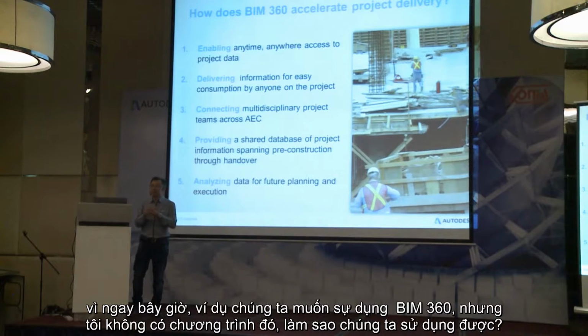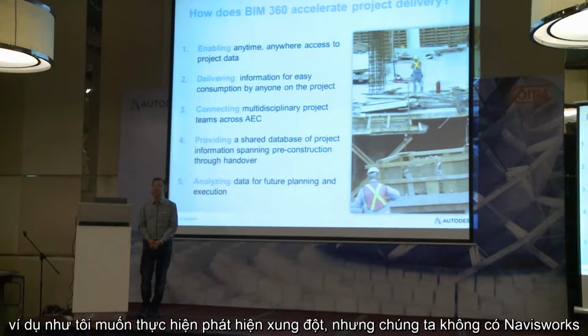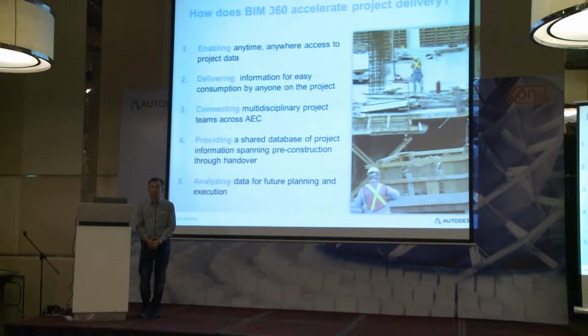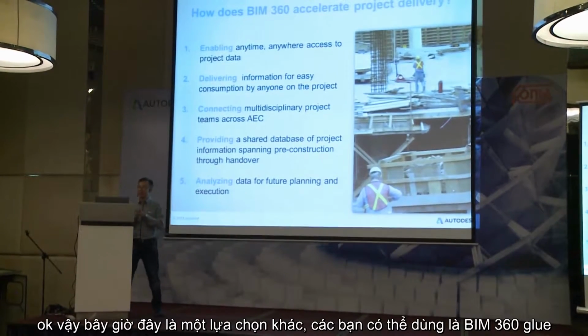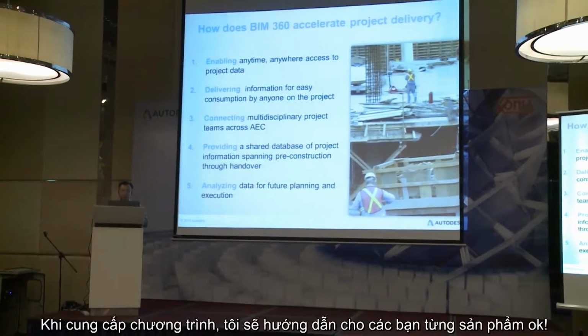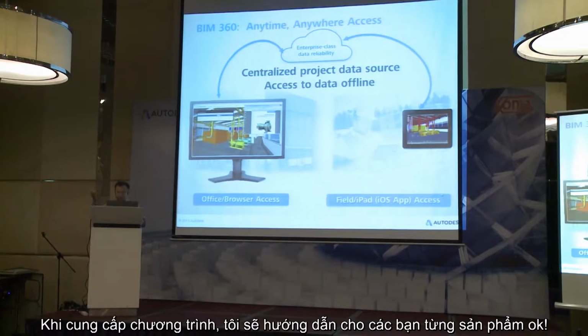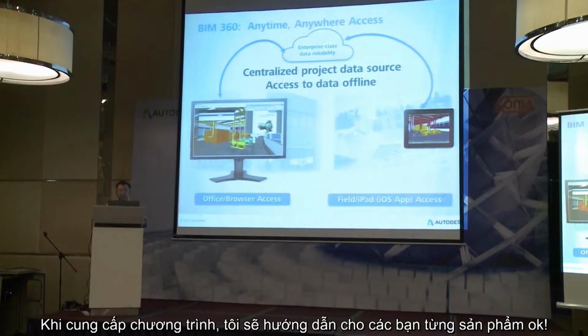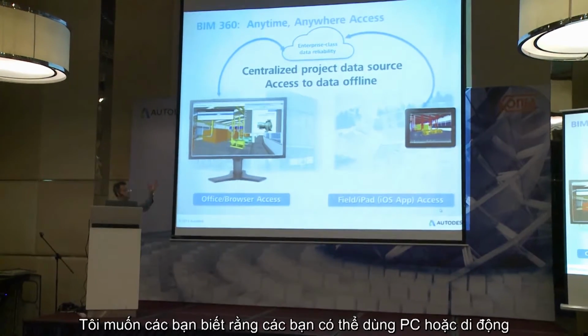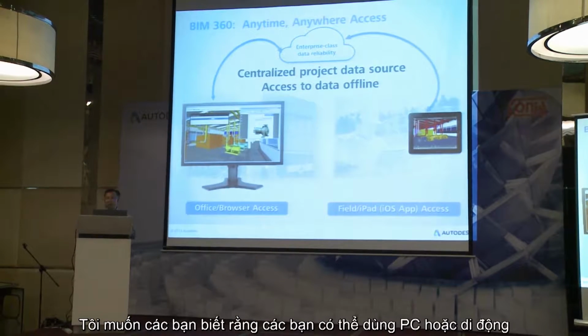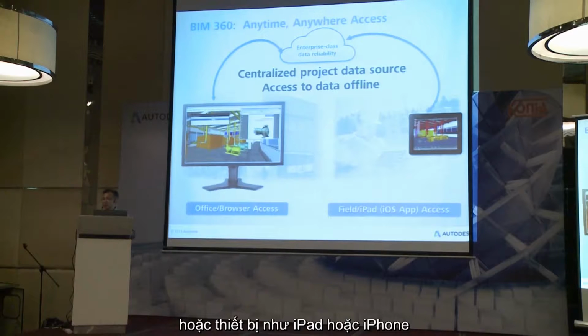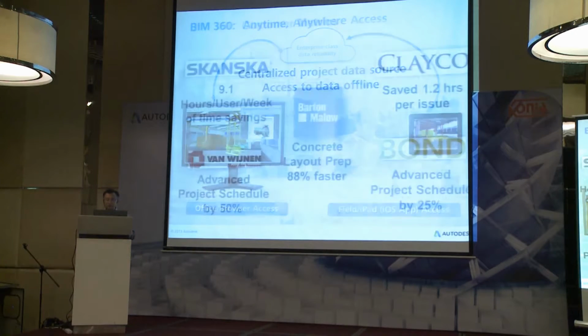How can I use it? For example, I want to do crash detection, I don't have Navisworks. Now this is another choice. You can use BIM 360 Glue. I will show you in each product, but to let you know that you can use it on PC or mobile device, iPad or iPhone.